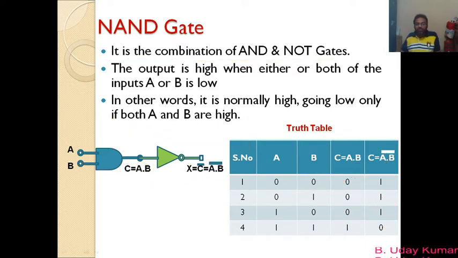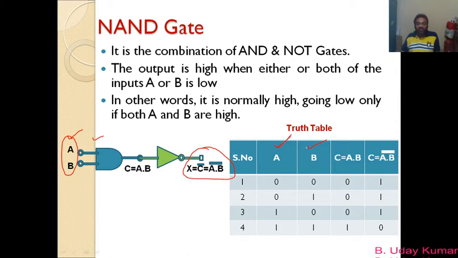Anyway, you can see here I am erasing everything. This is A and B, which are the inputs of the NAND gate. Of course these are inputs of the AND gate also, but overall, if you compare these two, A and B become the inputs of the NAND gate, and this x is equal to c bar, which is also written as a dot b bar, becomes the output of the NAND gate.